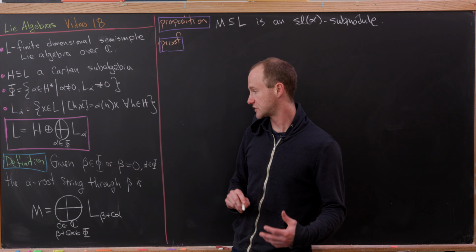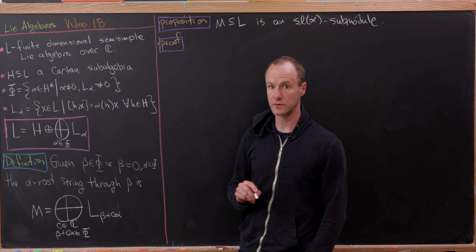Then the alpha root string through beta is defined as follows. It's going to be the sum over all beta plus c alpha in Phi, as long as c is a complex number, of this L beta plus c alpha.